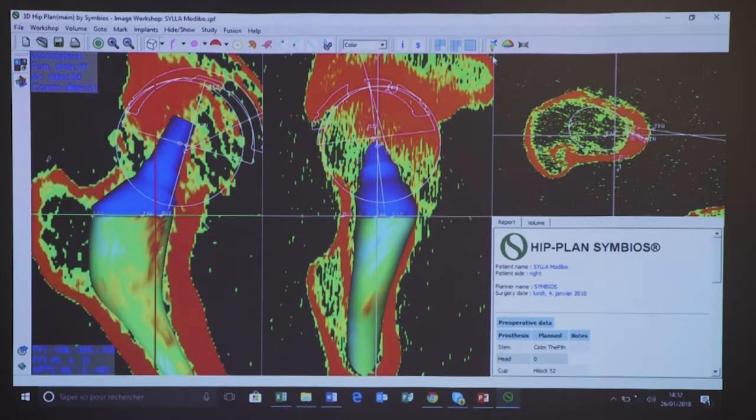It's not a matter of dislocation, it's a matter of edge loading. And this is why, with these customs, with these retroverted necks, we are able to test and really assess that we have a balance between the external rotation and internal rotation.